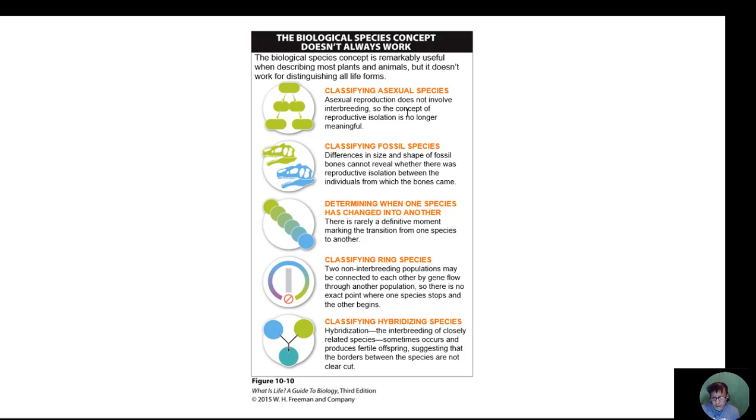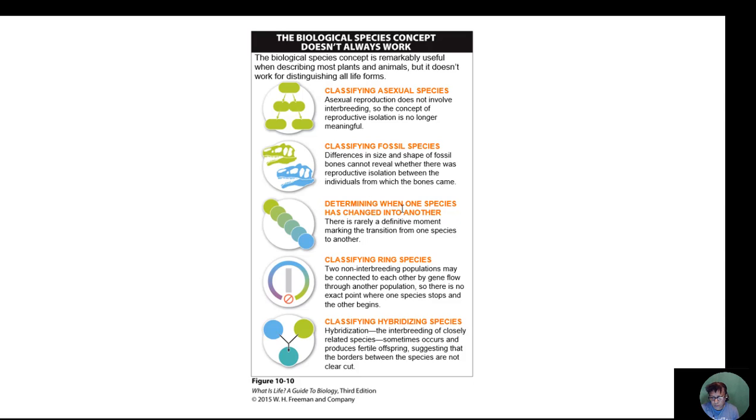So asexual reproduction does not involve interbreeding, so the concept of reproductive isolation is no longer meaningful. Or what about when you're classifying fossil species? You have no idea who they could breed with, right? So you end up using differences in size and shape of fossil bones, which can't actually reveal whether there was reproductive isolation between the individuals from which the bones came.